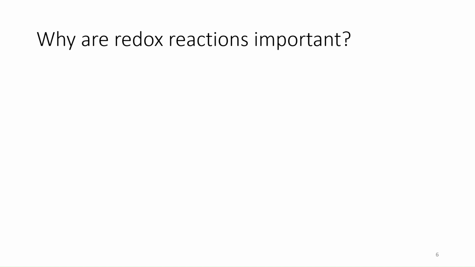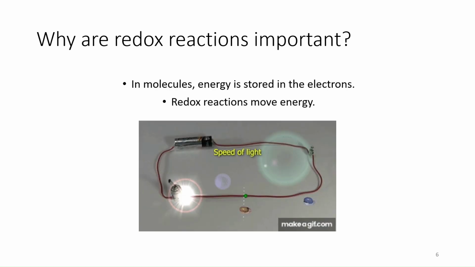So why are redox reactions so important? Well, we showed how it's related to photosynthesis and cellular respiration, which is part of the biogeochemical cycling of water, oxygen, hydrogen, and carbon. But these redox reactions move stored electrons around, and those stored electrons are our potential energy that gets stored.